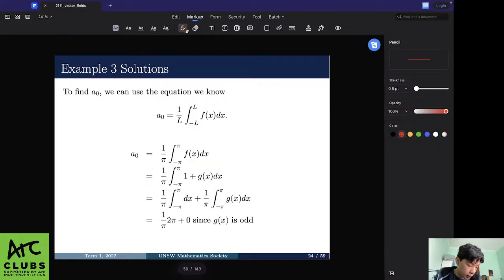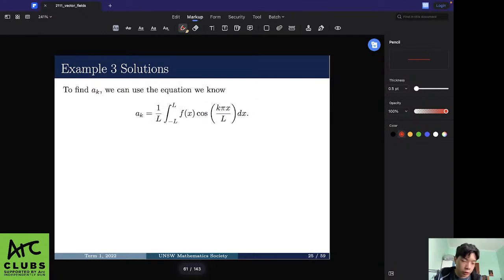So this is the integral of an odd function from minus pi to pi. Since the bounds are in the form minus a to a, we can say that this integral is 0 since g is odd, and then we can just evaluate the integral of 1 from minus pi to pi, and since that's equal to 2 pi, we have 2 pi times 1 on pi is equal to 2. So our a0 value is 2.